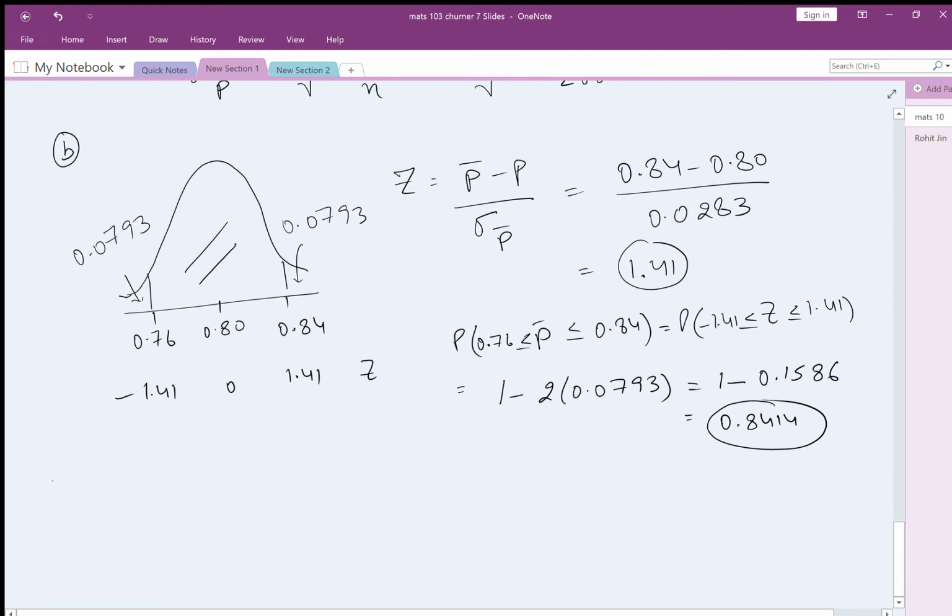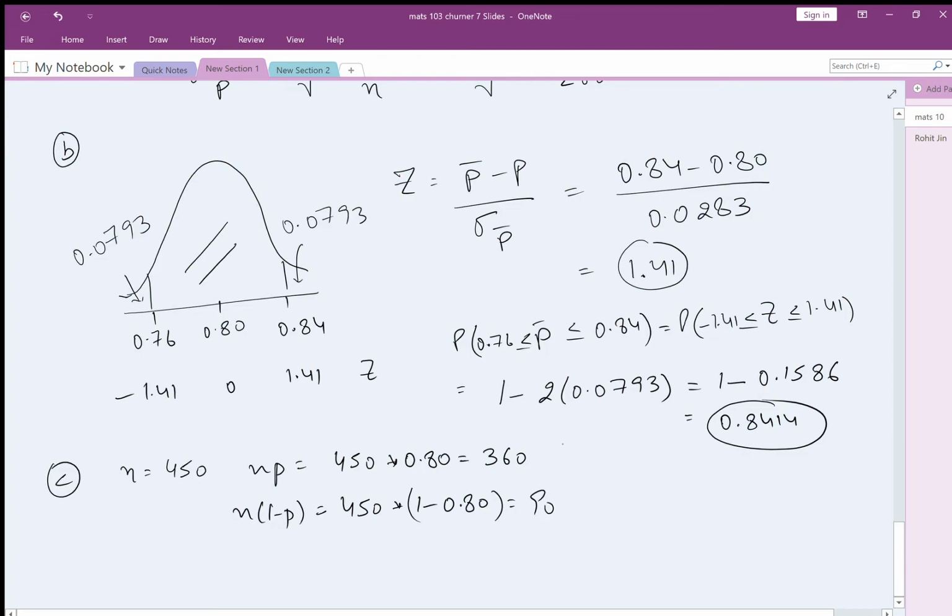Okay, then part C. Suppose you select a sample of 450. Show the sampling distribution. Just like part A, n is now 450. So n times p is 450 times 0.80, which is equal to 360, and n times 1 minus p is 450 times 1 minus 0.80, which equals 90. So they are both more than or equal to 5.